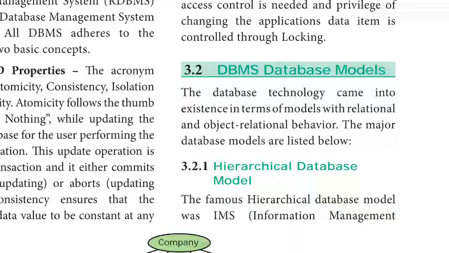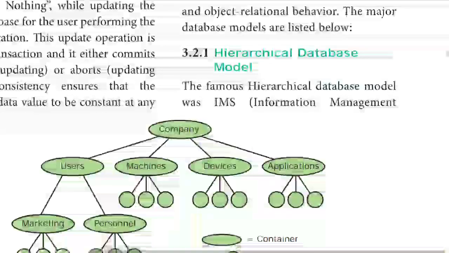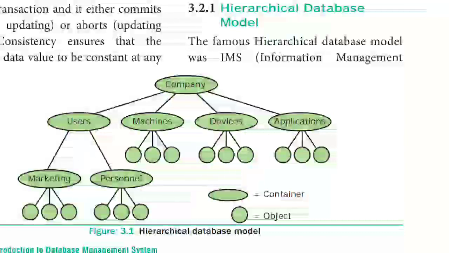There are so many database models here. The first model we are going to see is the hierarchical database model. You can see that there are many different levels of database objects.